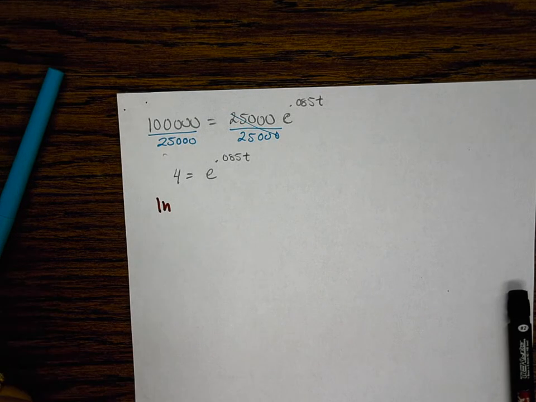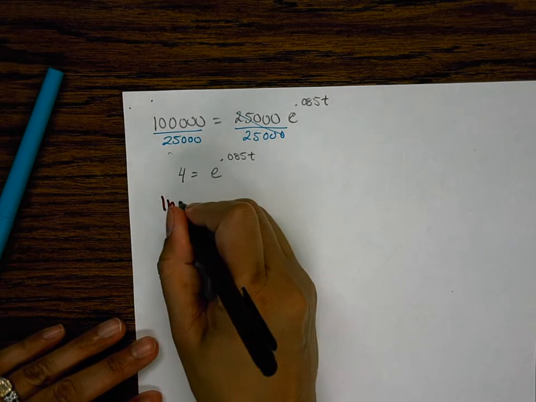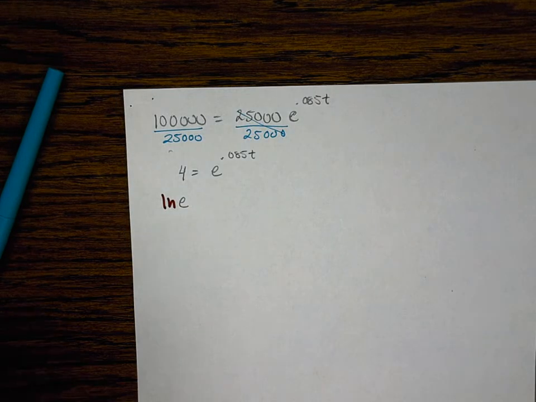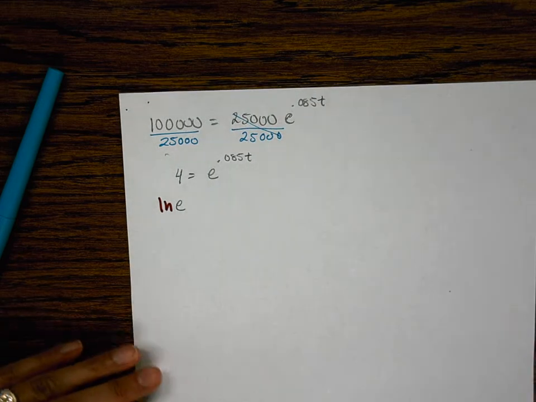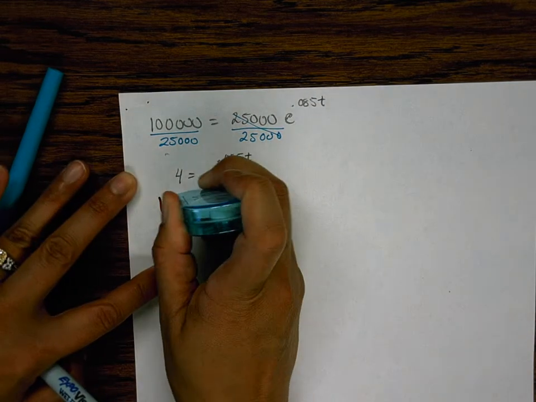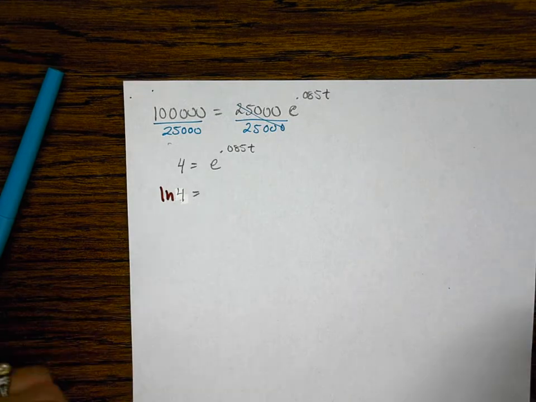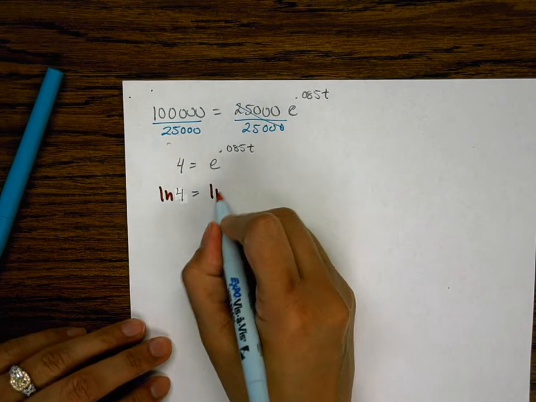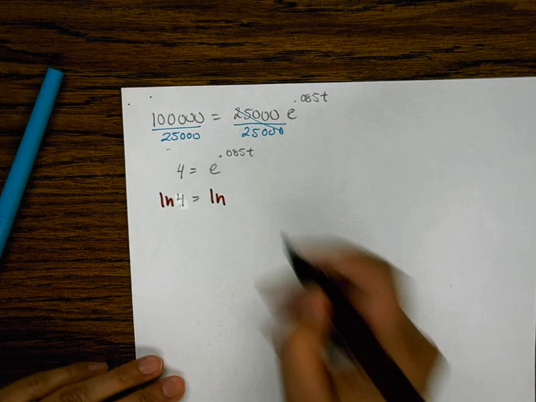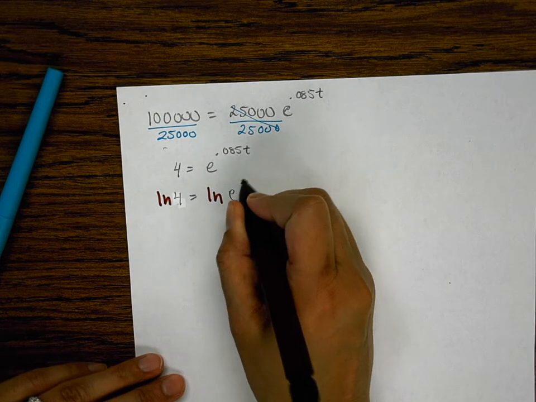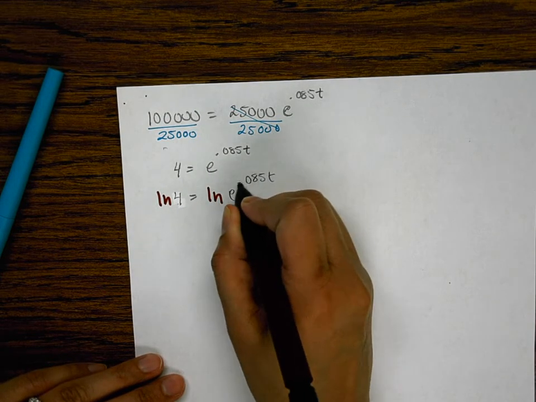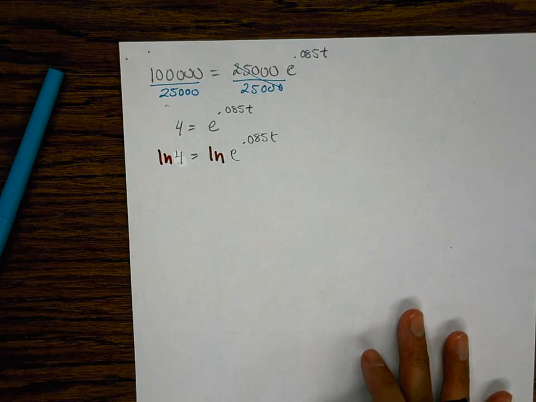I'm going to take the ln since I'm dealing with an e. So ln of 4 equals ln of e raised to the 0.085t. Again, you're not multiplying by ln, you're taking the ln of both sides.